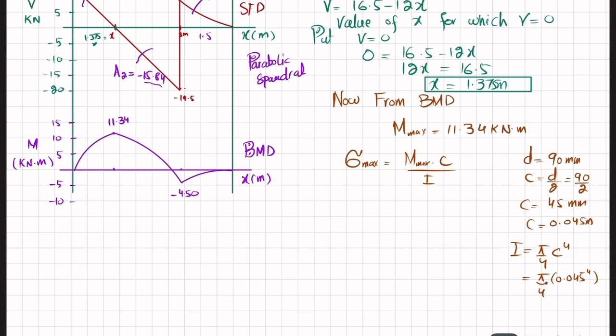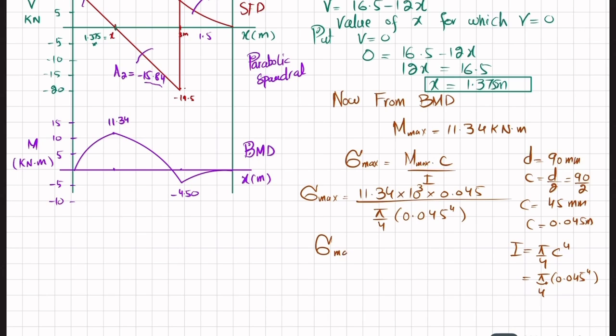So put this in this formula. Maximum bending stress is equal to maximum bending moment, which is 11.34, and we will convert this kilonewton into 10 raised to power 3. Multiply by C, which is 0.045, divide by I, which is pi by 4 into 0.045 power 4.